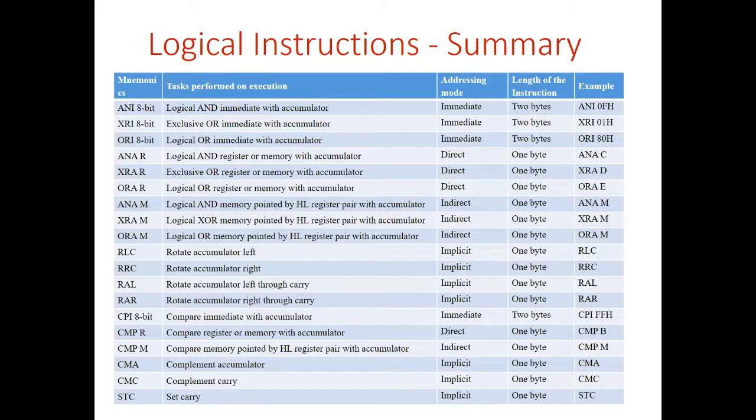The meaning of this one is that only the complement operation will be performed with the accumulator content. So if you want to perform the NOT operation, you have to store the data input into the accumulator first. Then you can use the complement operation. For NOT operation you need only one data byte, one input, so that if your input is 0, the output will be 1, and if your input is 1, output will be 0.